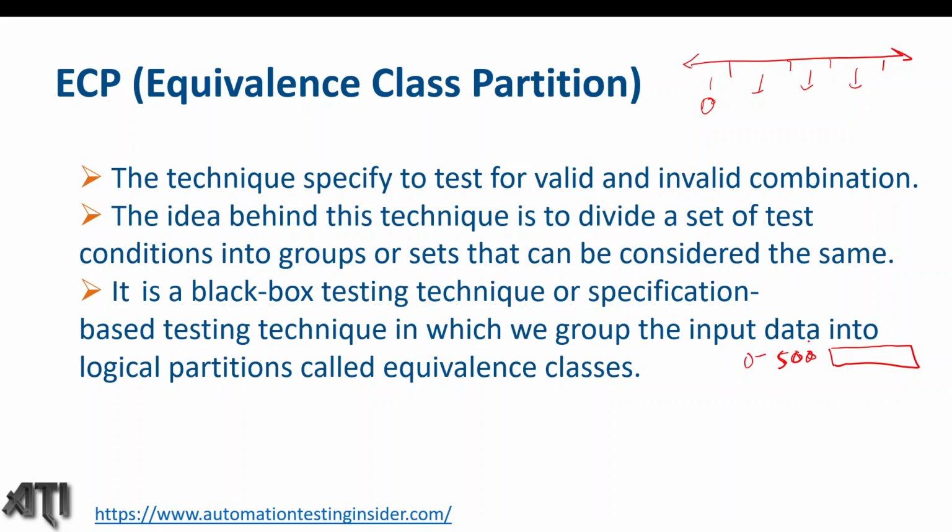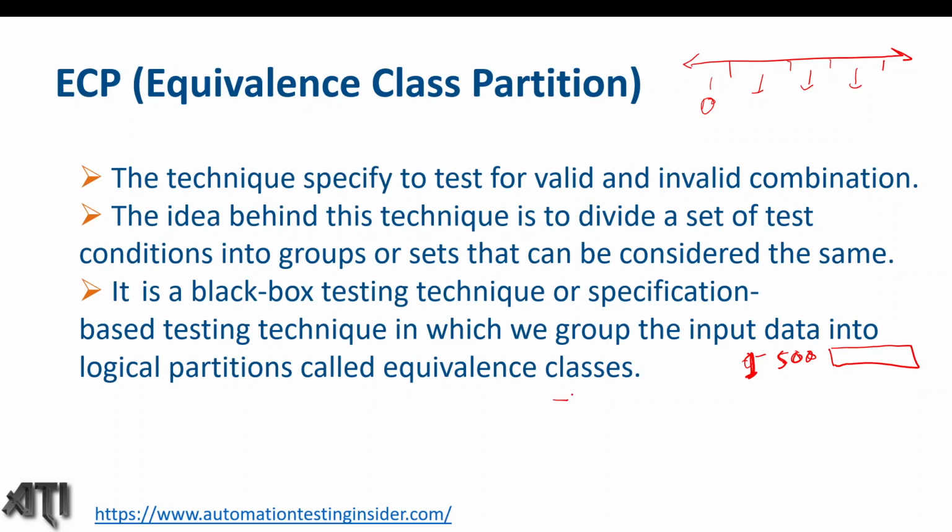You cannot test each and every value like 1, 2, 3, 4, 5 up to 500. So how do you divide into different equivalence class partitions? How do you do the partitioning over here?